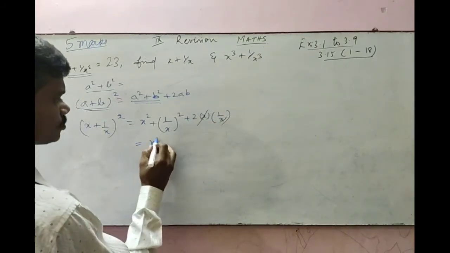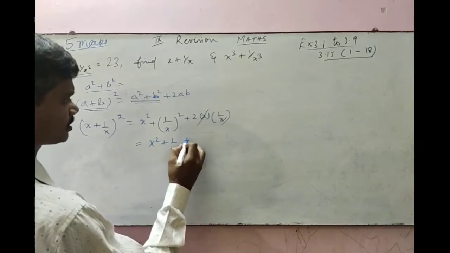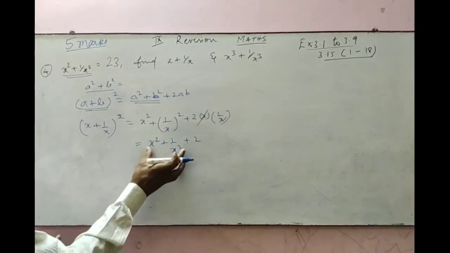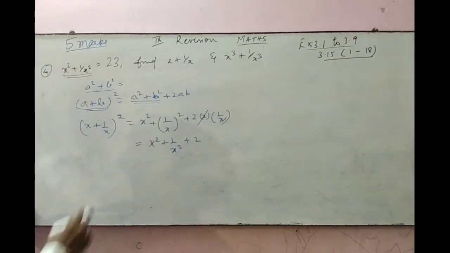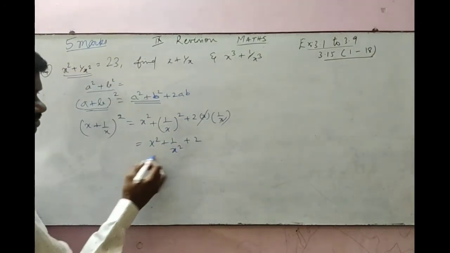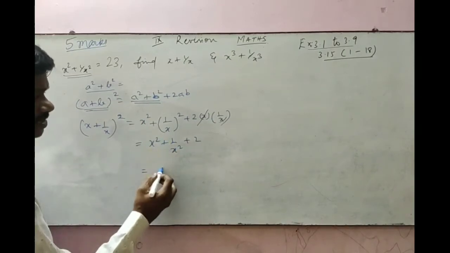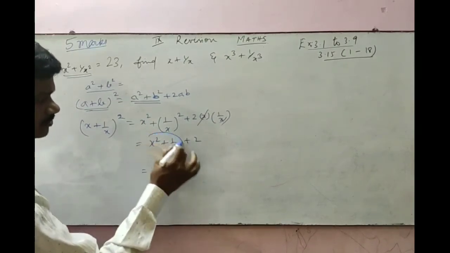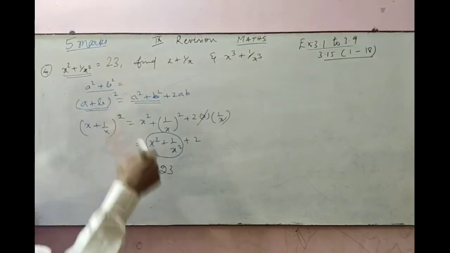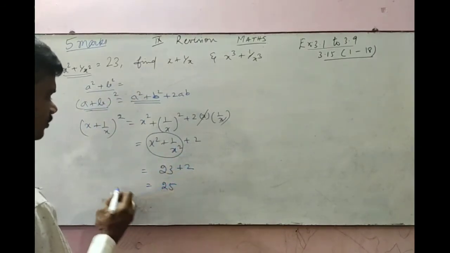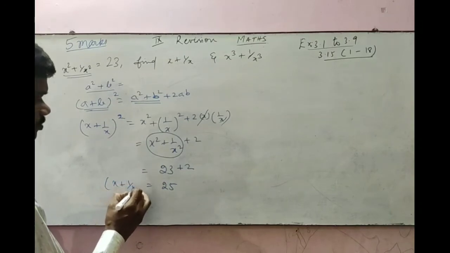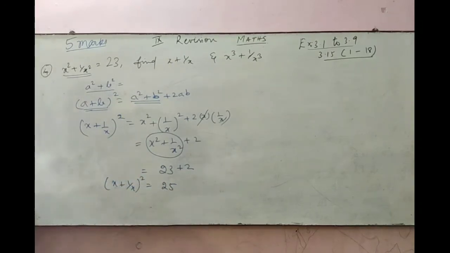You will get x square plus 1 by x square plus 2. The value of x square plus 1 by x square given to you is 23, so I can substitute 23 plus 2. What is the answer? 25. So you get x plus 1 by x whole square equal to 25.